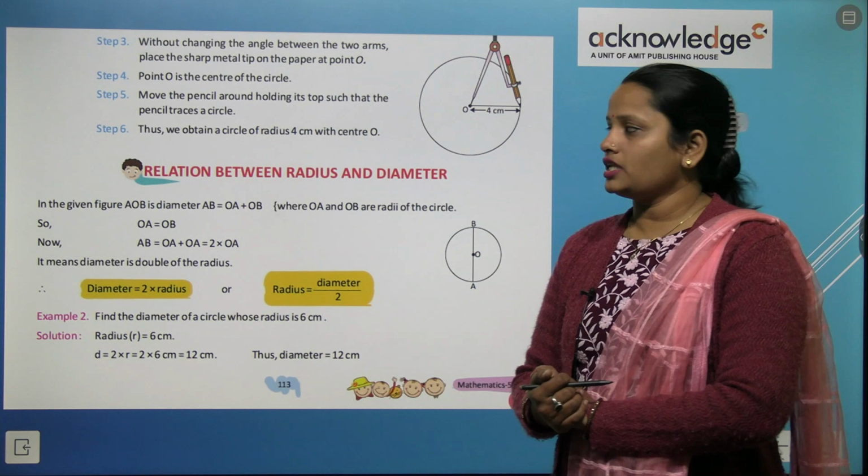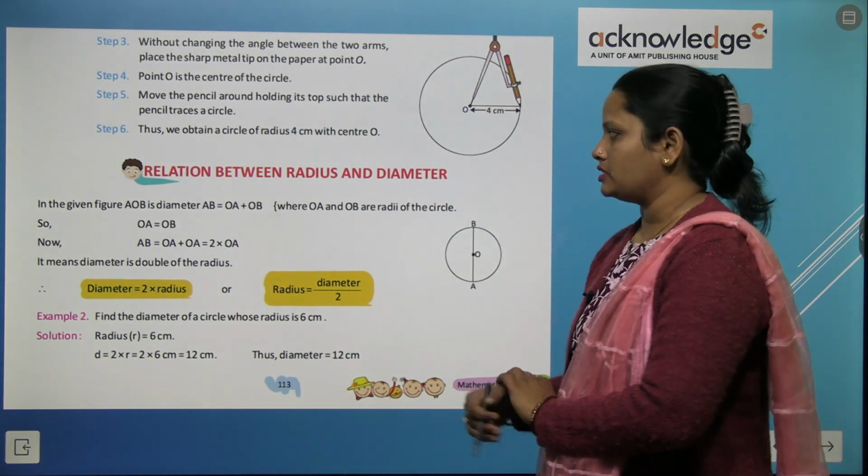Now what is the relationship between radius and diameter?